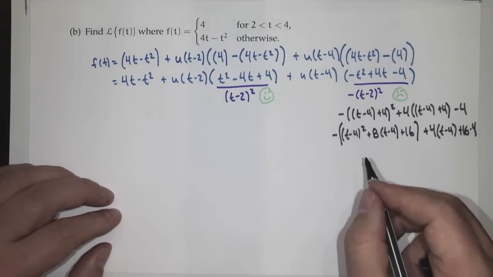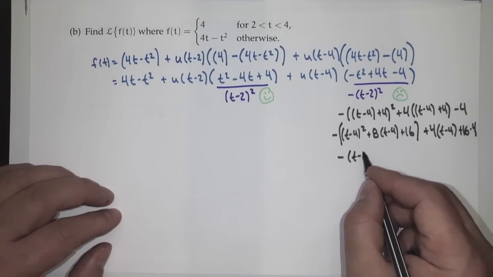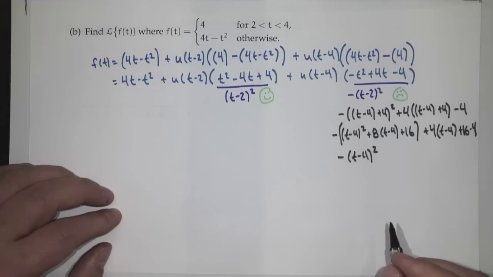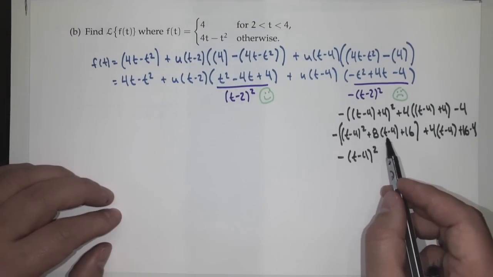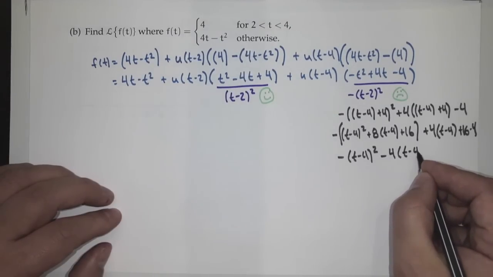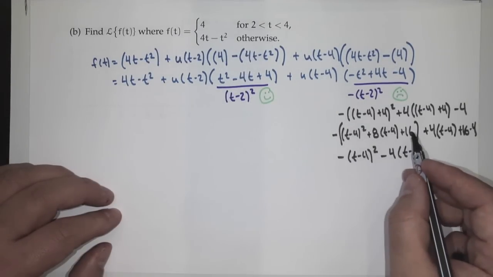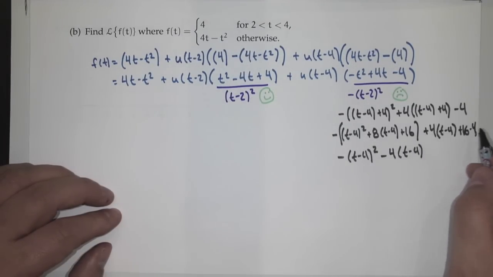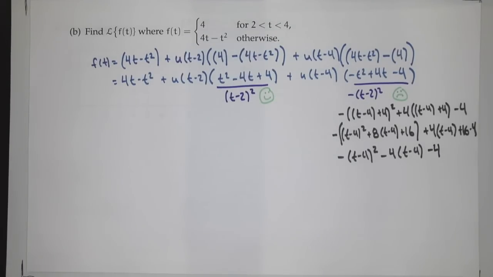And so let's see, what is that? Minus t minus 4 squared. There's a minus 8 and a plus 4, which makes this minus 4 times t minus 4. Minus 16 plus 16 minus 4 makes a minus 4. So you have to rewrite it. So what do we have?